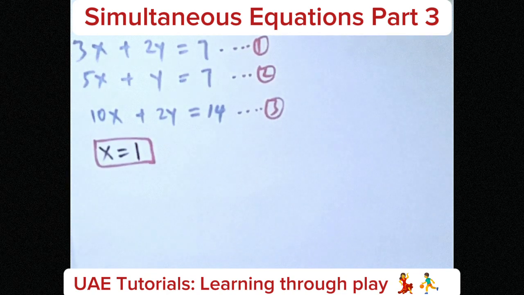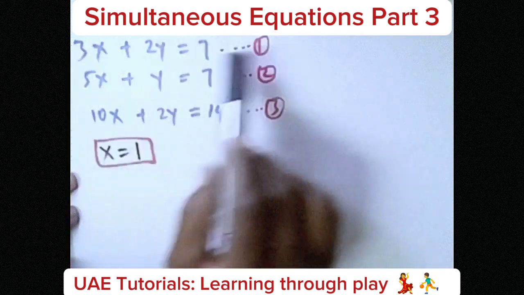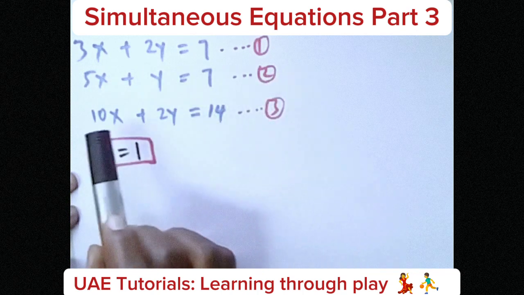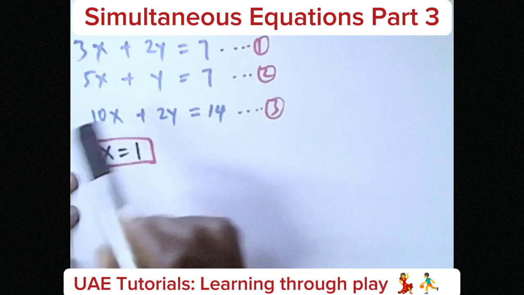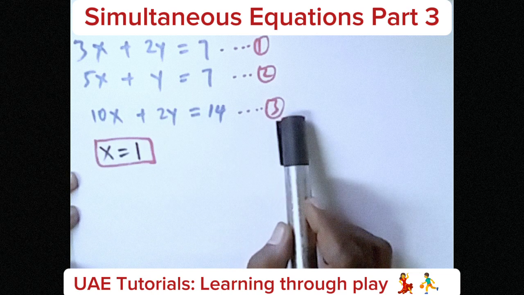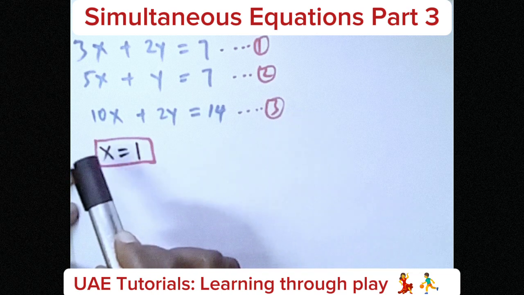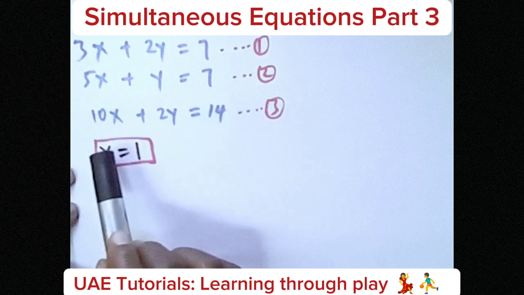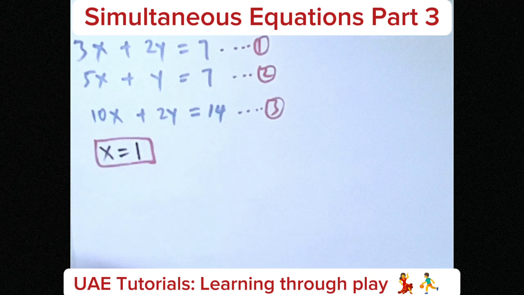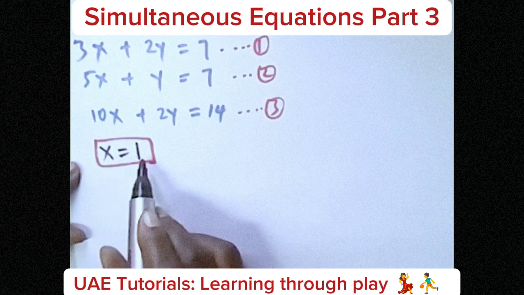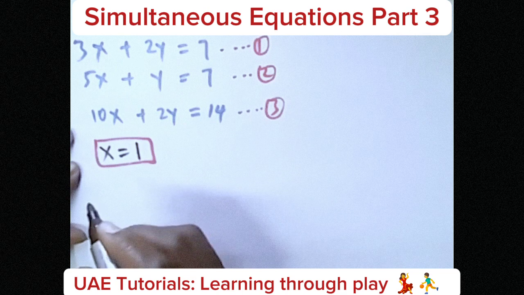Alright, so this is where we stand. This was our original equation 1, this was our original equation 2, and then we performed an operation and we got an equation 3. We have used that operation to get x equals 1. Now we want to look for the value of y, and as we know, if we want to look for the value of y, we substitute this x equals 1 into one of the original equations.